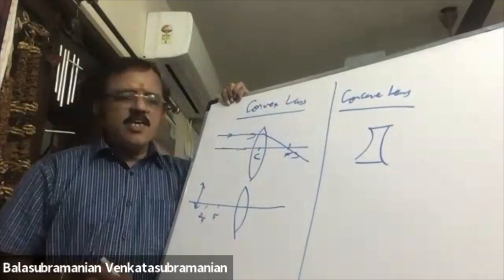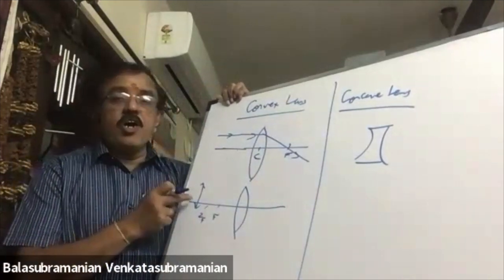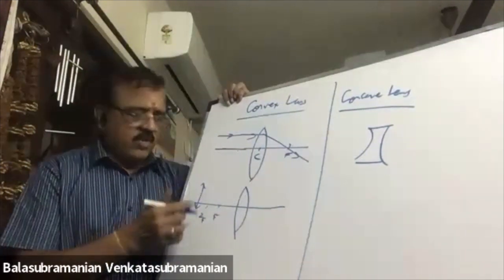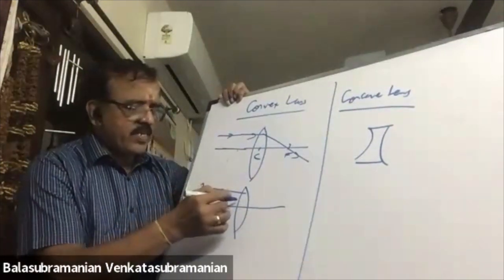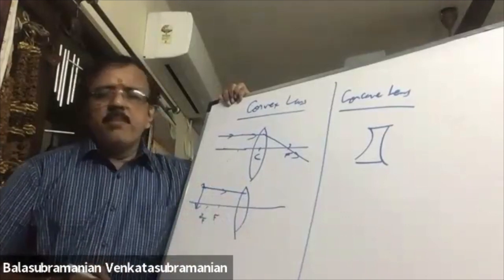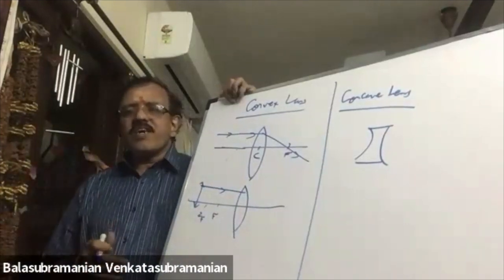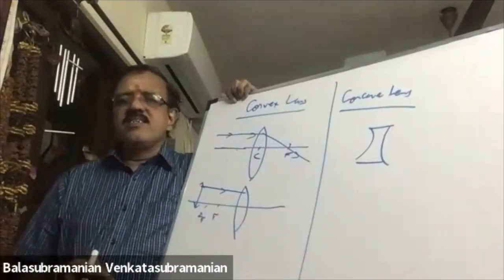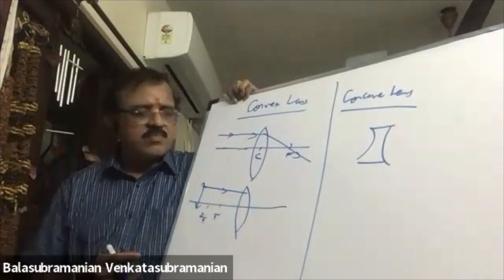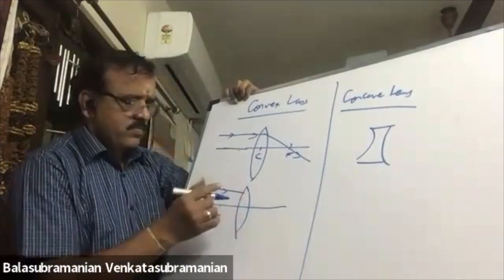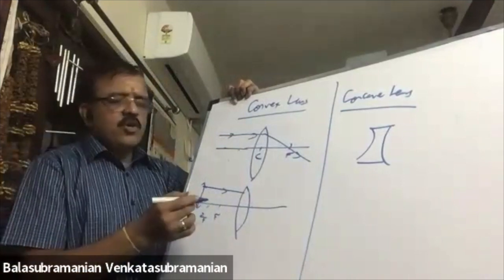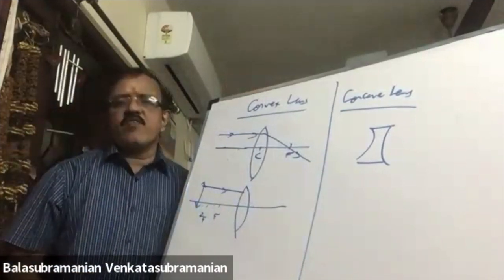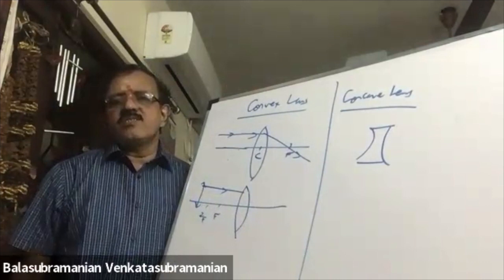Now you are placing the object beyond 2F. Where will you get the image? There is no question of reflection here. It is refraction. So the same thing we have studied for a mirror, we have for a lens.